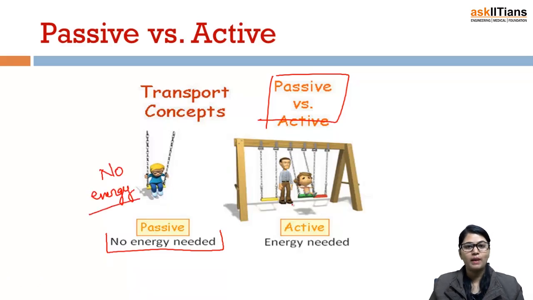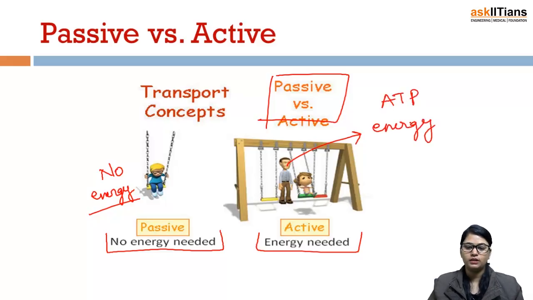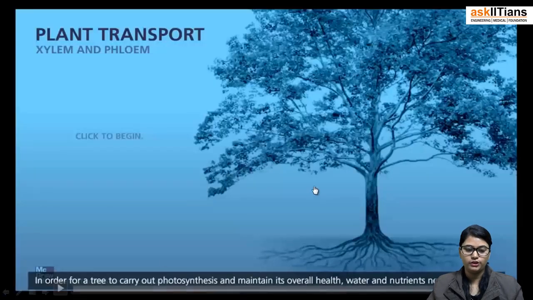This is known as the passive state. Here, energy is applied, and this person is applying energy. In plants also, energy in the form of ATP is applied, so this is known as the active state. This complete mechanism I will explain with the help of this video.